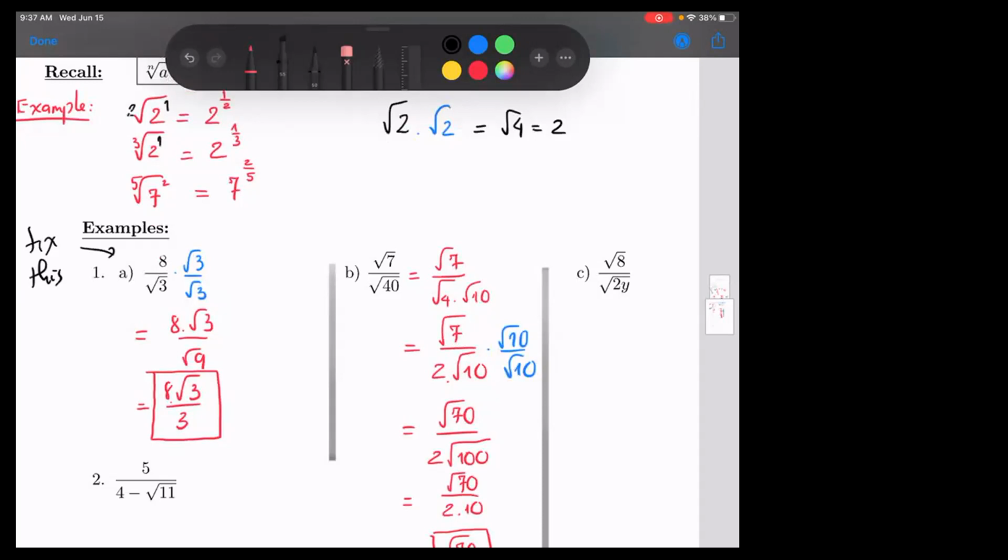And then we got 2 square root of y. 2 square root of what you got? Good, Devin. I think that's the right answer.